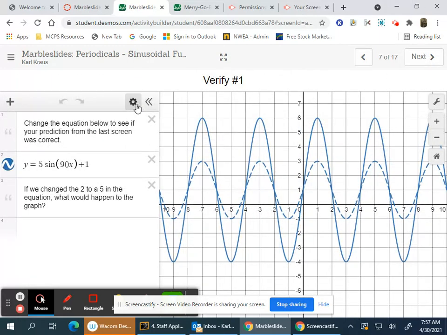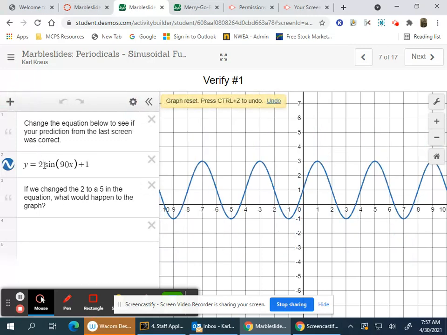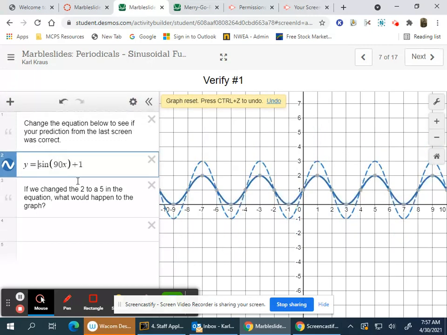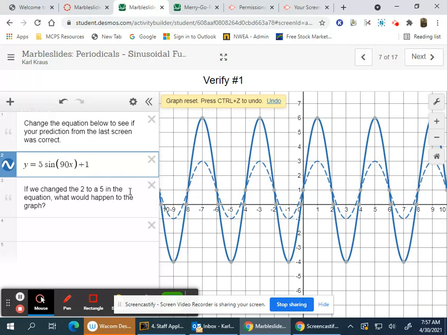So let's reset this. This is a 2. I want to make it a 5. So the center line remains the same. The period remains the same. The only thing that's changing is the height of the max and the min there. The max and min is changing, or the amplitude is changing.